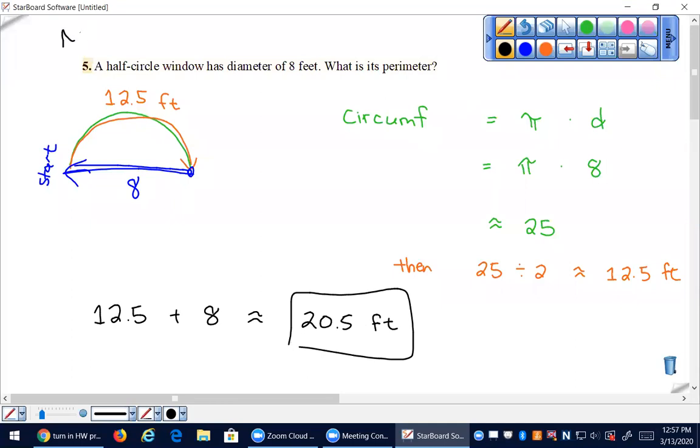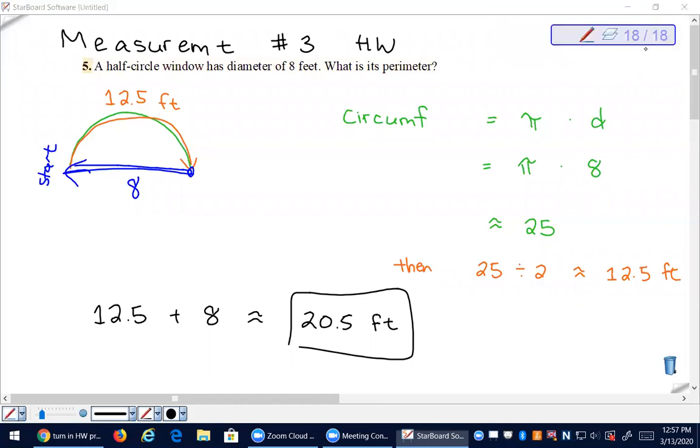And again, this isn't the practice final. This is measurement number 3. You did the half circumference and now we're missing the bottom. I got it. Thank you for showing that to me. You're welcome. Hey, that was a trick.